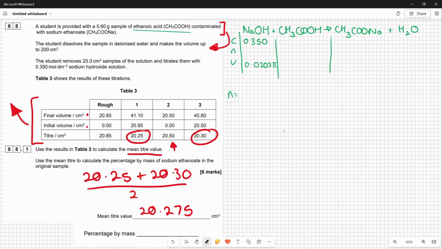And therefore our moles is going to be 0.35 times 0.020275, which is 7.1 times 10 to the minus 3 moles of sodium hydroxide. And we don't need to write it in the table. As you can see, it is a 1-to-1 ratio between sodium hydroxide and ethanoic acid. Therefore, we also have 7.1 times 10 to the minus 3 moles of ethanoic acid within the 25 centimeter cubed solution.